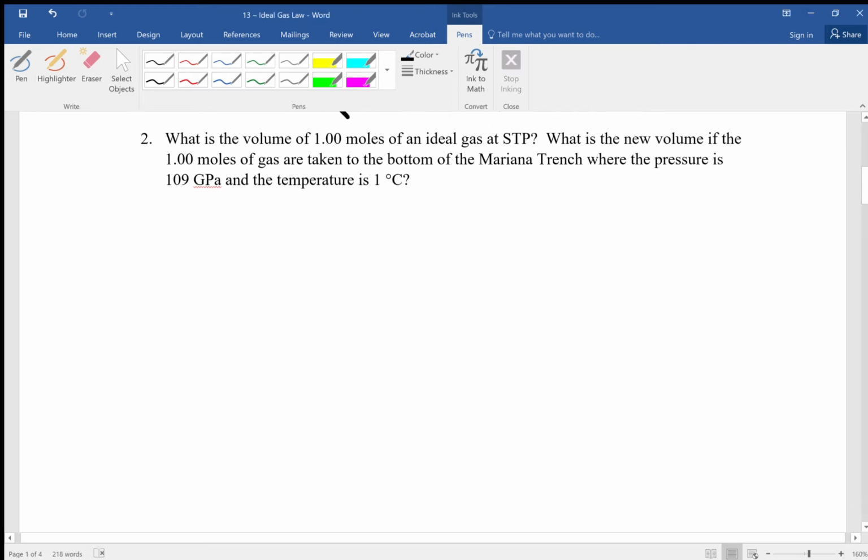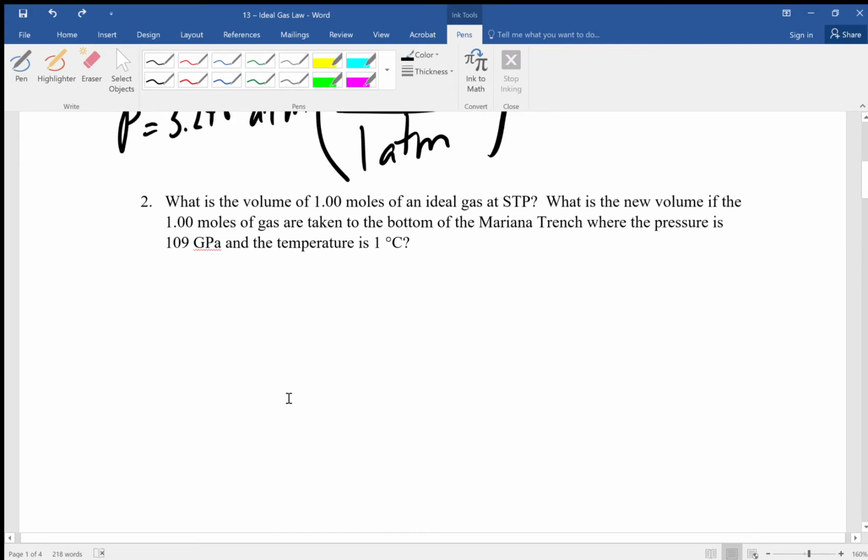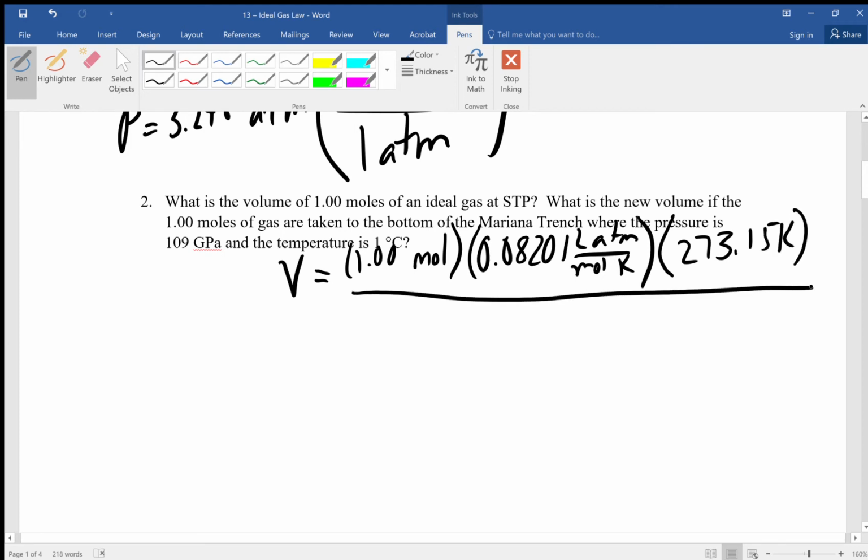So V equals 1 mole times R times T over P. STP, if you recall, refers to 0 degrees Celsius, which converts to 273.15 Kelvin and 1 atmosphere of pressure.